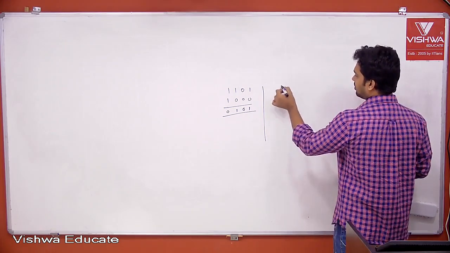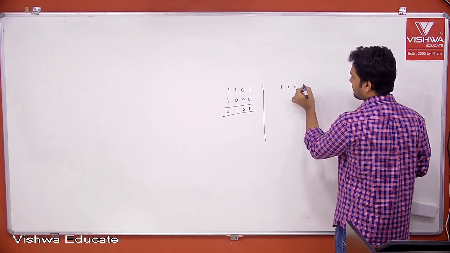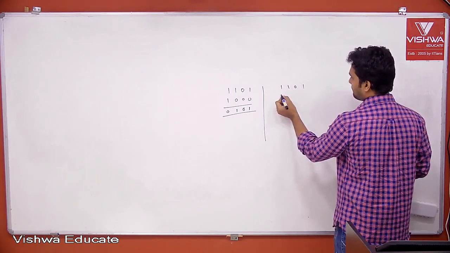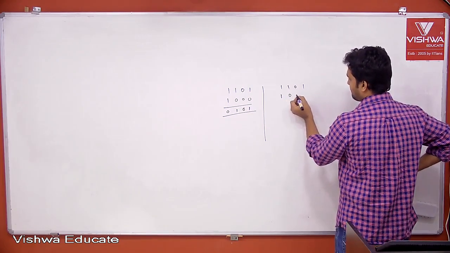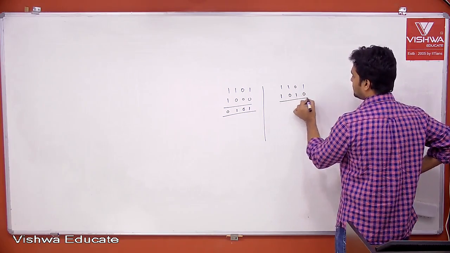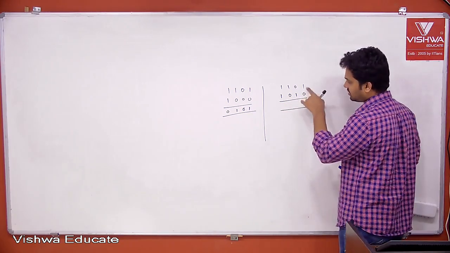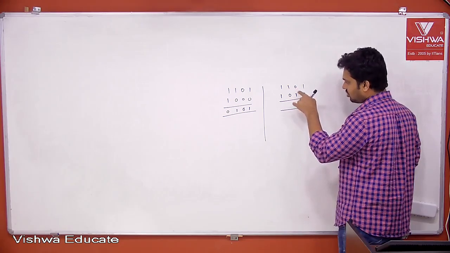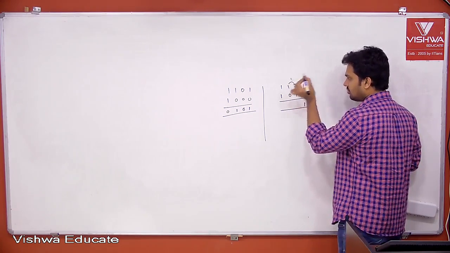Here, let us take this example. 1 minus 0 is how much? 1 minus 0 is 1. 0 minus 1, no, I cannot do 0 minus 1. I will take 1 borrow.